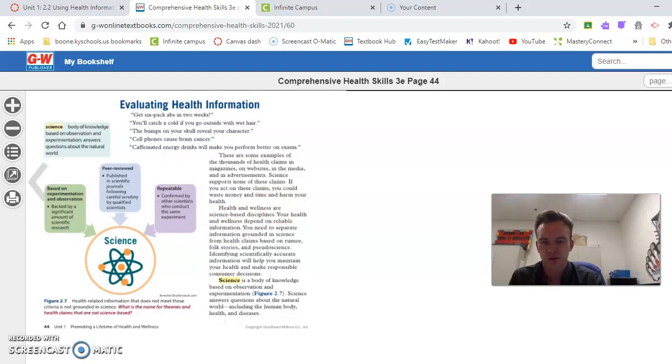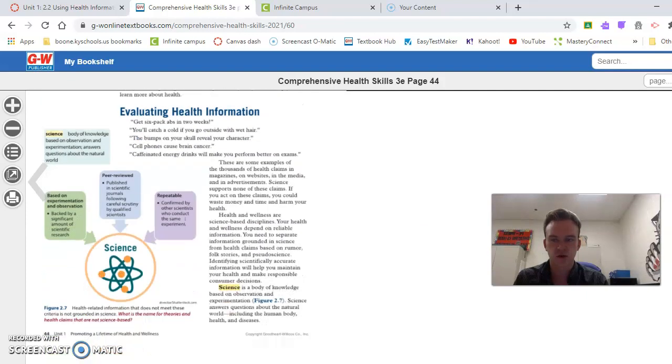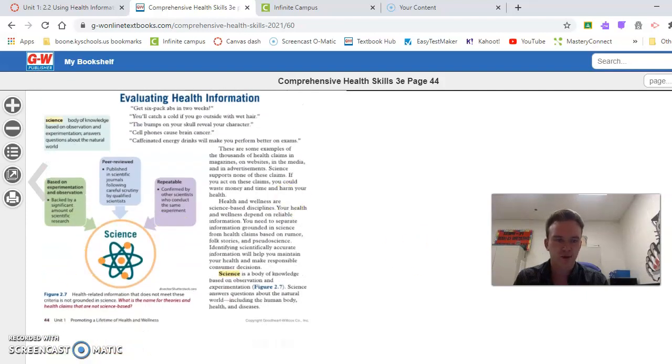So that's not how that works. Okay? So science is a body of knowledge based on observation and experimentation. So it's doing the same experiment over and over again and getting the same results until it seems as if there is a good cause and effect there. So that's science, and that's what you need to apply when looking up health information. Is it something that is continually happening?